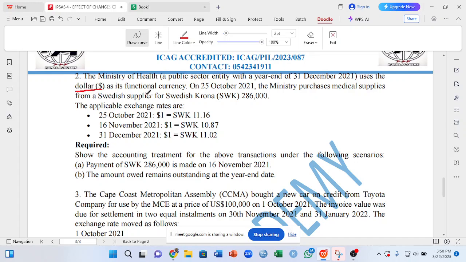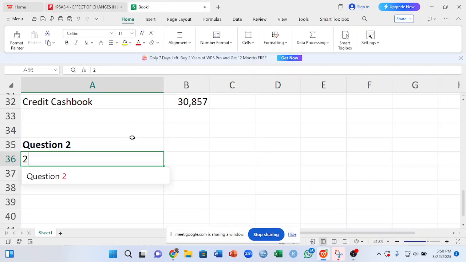And definitely the Swedish krona will be the foreign currency. The next thing you have to do is change the foreign currency to your functional currency using the rate at the transaction date. You can see clearly that the transaction date here was 25th October 2021. So let's do that one first. 25th October 2021.